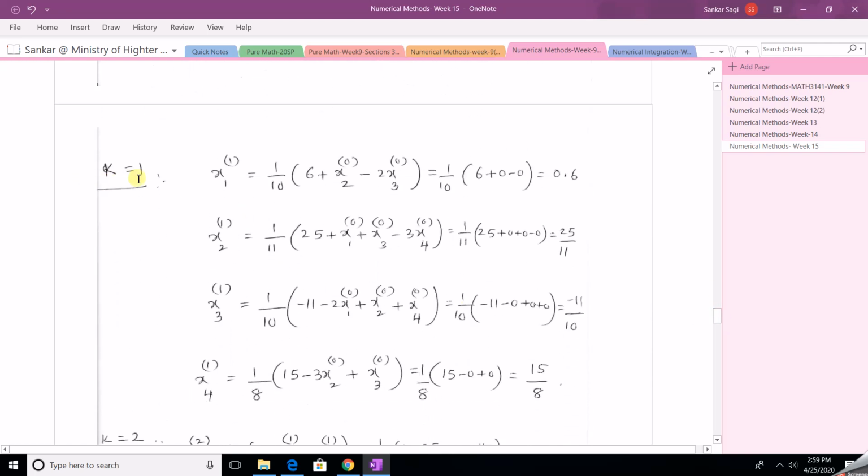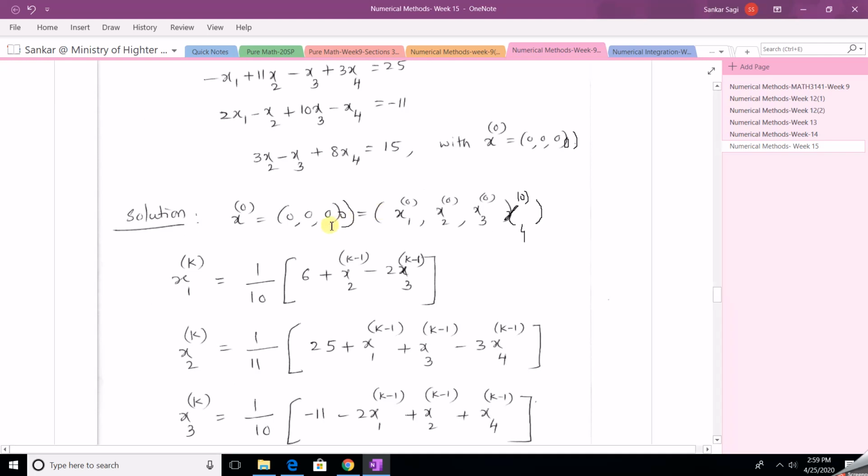So we will write that one here. Taking k equal to 1, x1 1 equal to 1 over 10 times 6 plus x2 0 minus 2x3 0. We have been given the initial approximations, the 0th approximations of x1, x2, x3, x4. All four are given to be zeros.